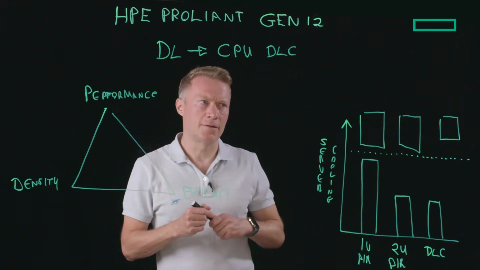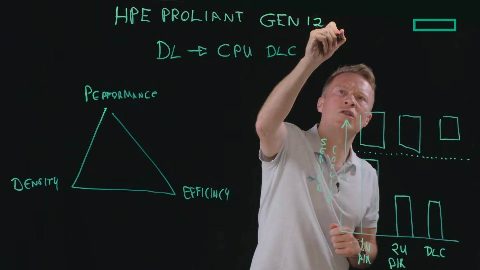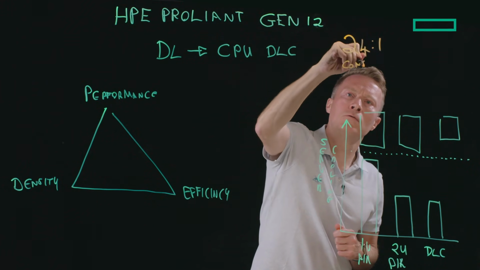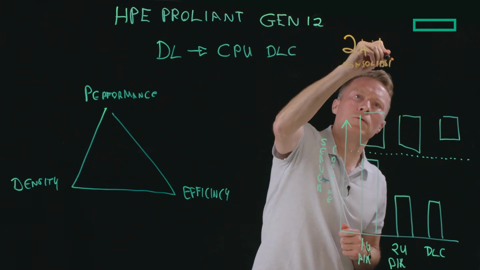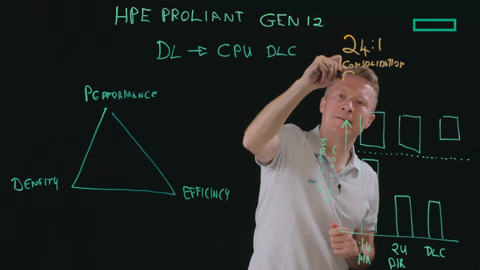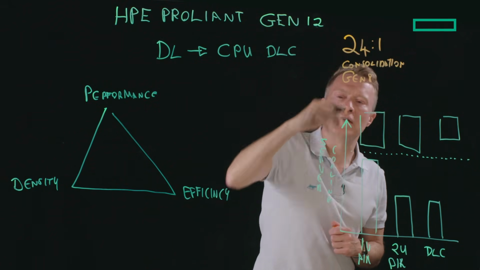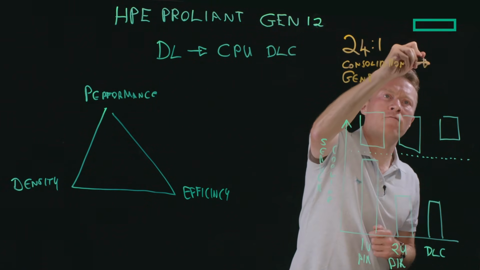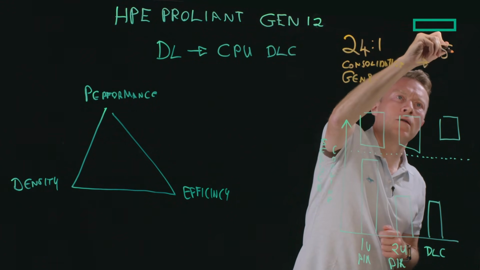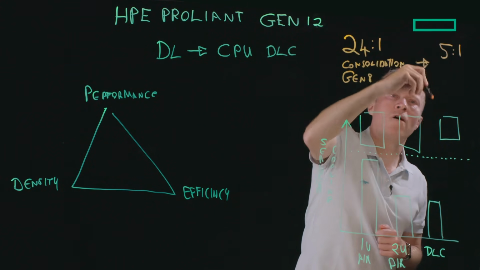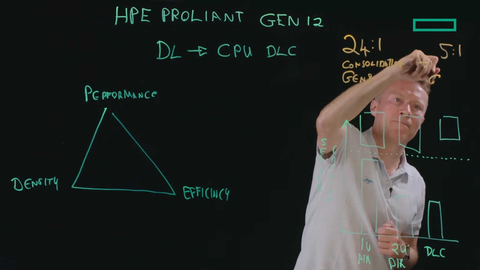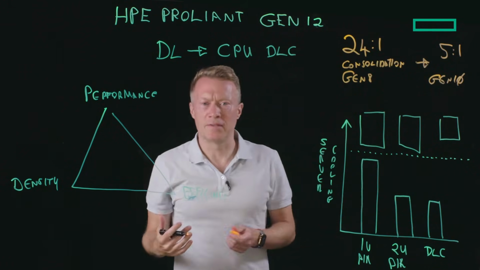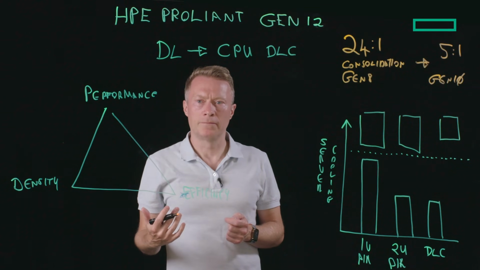The net business value of this is, for example, that we could take a 24-to-1 consolidation from Gen 8 with significant data center space, cooling and power savings as well, or even with the very recent Gen 10s, a 5-to-1 or a 6-to-1 depending on the generation of Gen 10 consolidation. So as you can see, there's significant business value in moving to HPE ProLiant Gen 12.